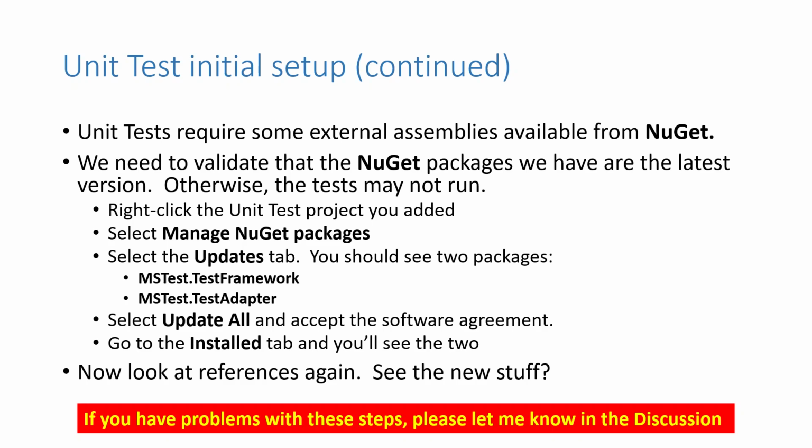So if you have problems with these steps and have difficulty completing the assignment at the end of this, please let me know in the discussion or send me an email. I prefer that you say something in the discussion because then if there are others who are having the problem, they'll be able to benefit from what you've learned.